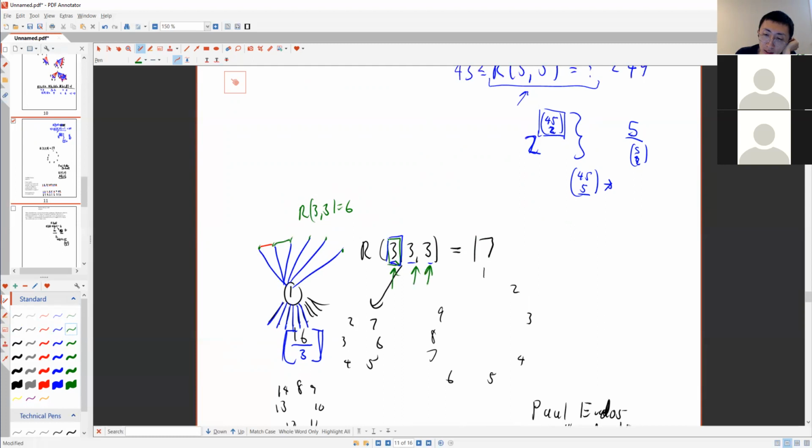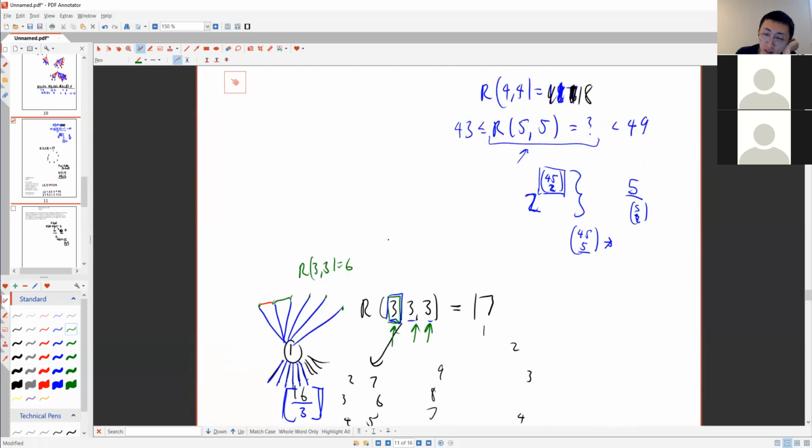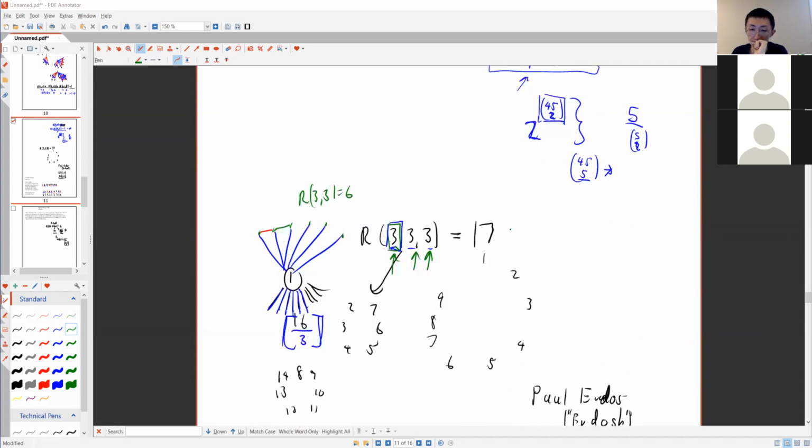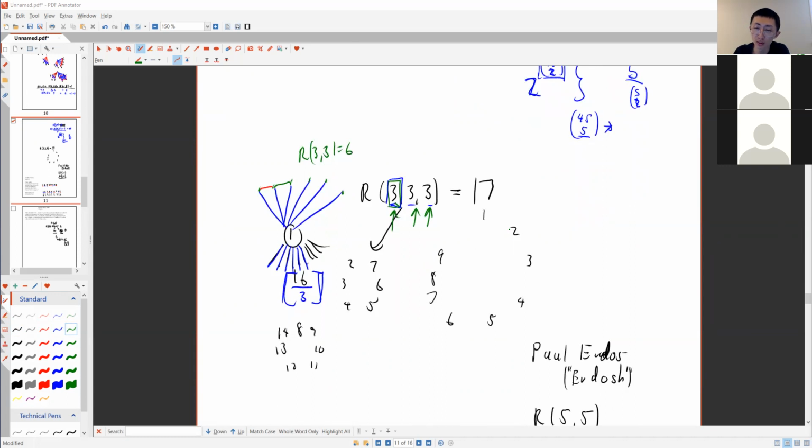I think to show that 16 is not enough is a bit trickier. Yeah. So that's a cool proof that, at the very least, it's less than or equal to 17.